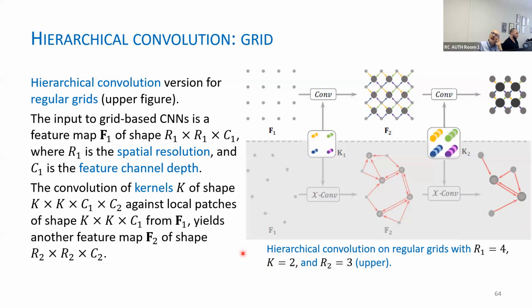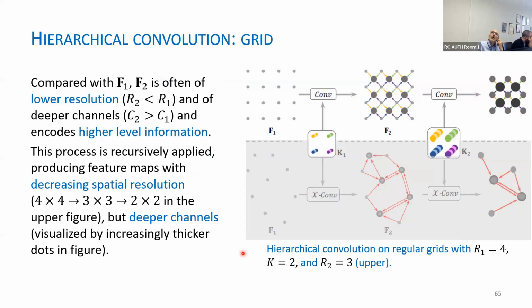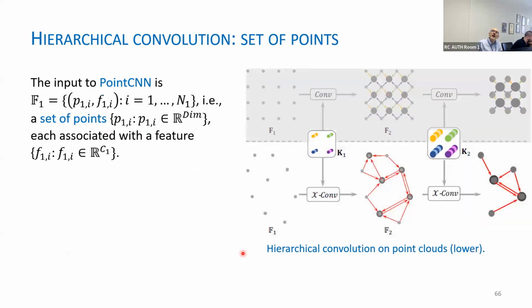So the authors, in this figure, comment on what we obtain in the upper part. Normally R2 is lower than R1, and instead C2 is larger than C1. This is the parallel that the authors try to draw with the set of points, because in the lower part of the figure we have a set of points.